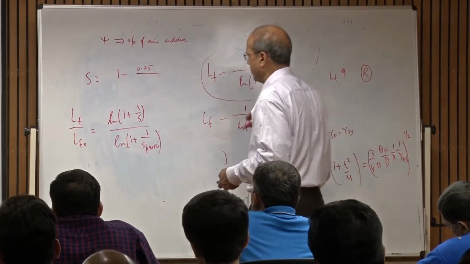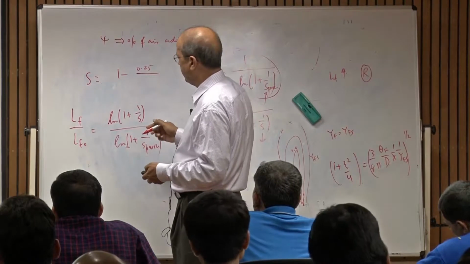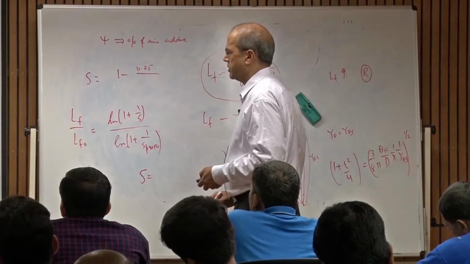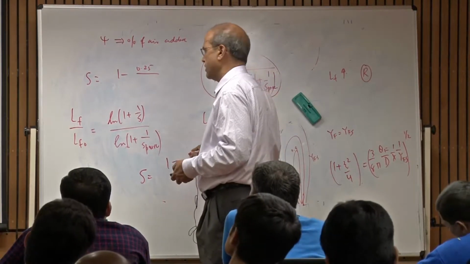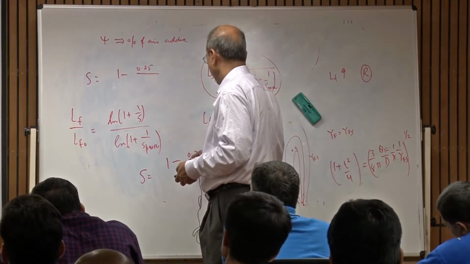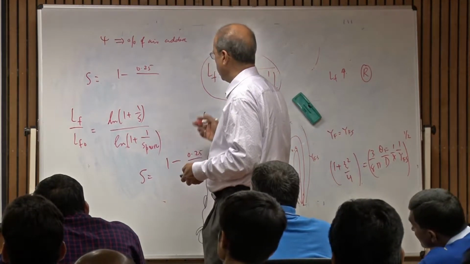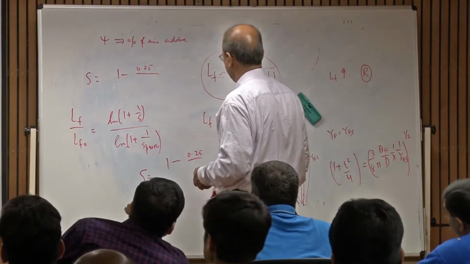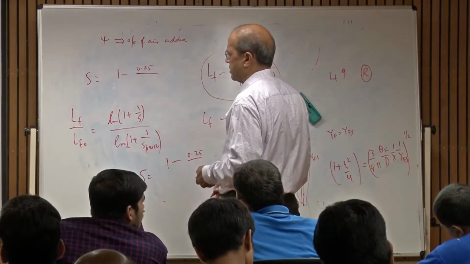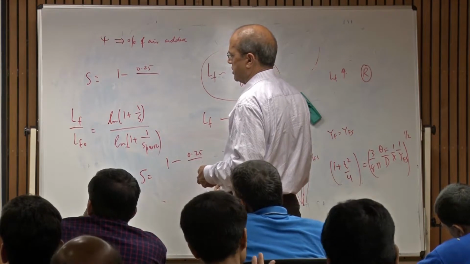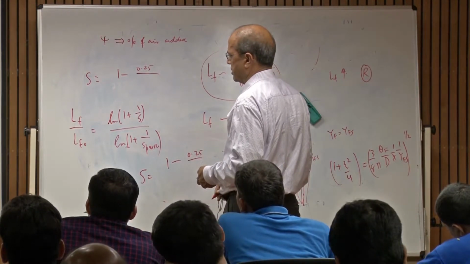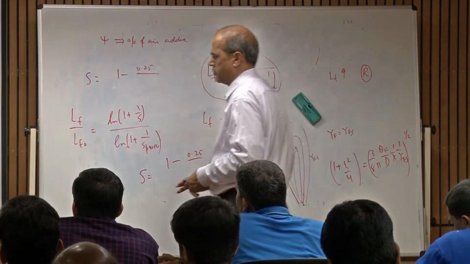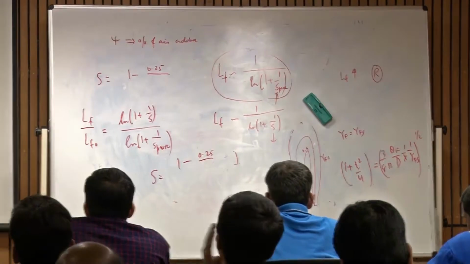So, if phi value is 0.25, then what is the value of S? 1 minus 0.25 divided by S pure, and let us take the methane case. I do not know whether there is a typo. Let me just double check in the book.